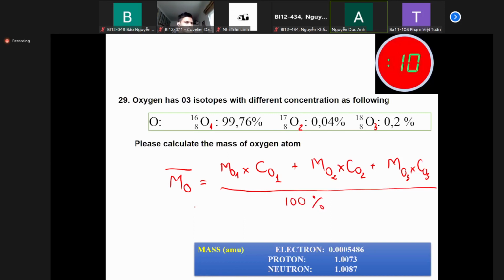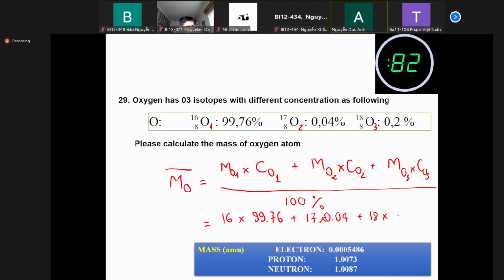Okay, so from those values, you will have M oxygen equal to 16 multiplied by 99.76, plus 17 multiplied by 0.04, and 18 multiplied by 0.2, all over 100.